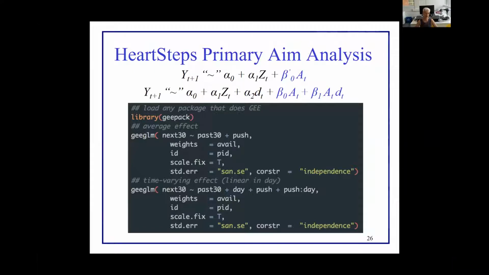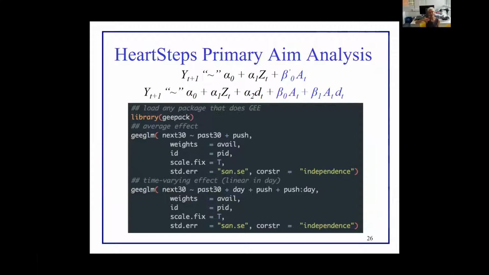And this all has to do with ensuring that we get causal effect estimates. We'll talk about that shortly too, but I just want to continue on. So the first run of the GEE GLM is for the top conceptual model. The second run of the GEE GLM is for the second conceptual model.